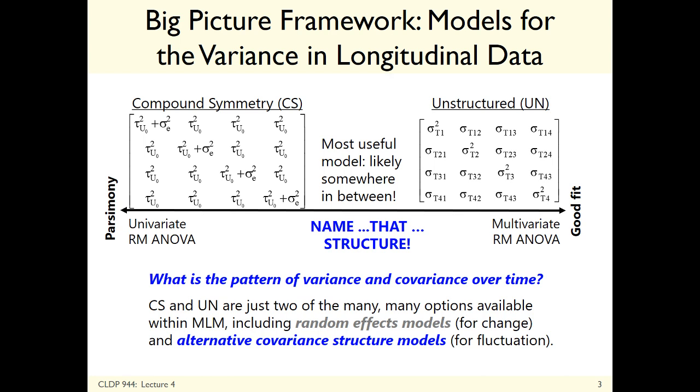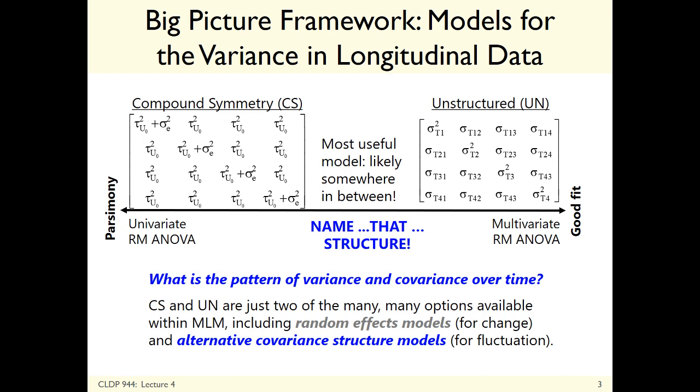Now let's say I'm in a situation in which I can also test unstructured. How many unique terms are in that unstructured matrix for 4 occasions? Four variances. How many unique covariances? 6, yeah. So that one has 10.